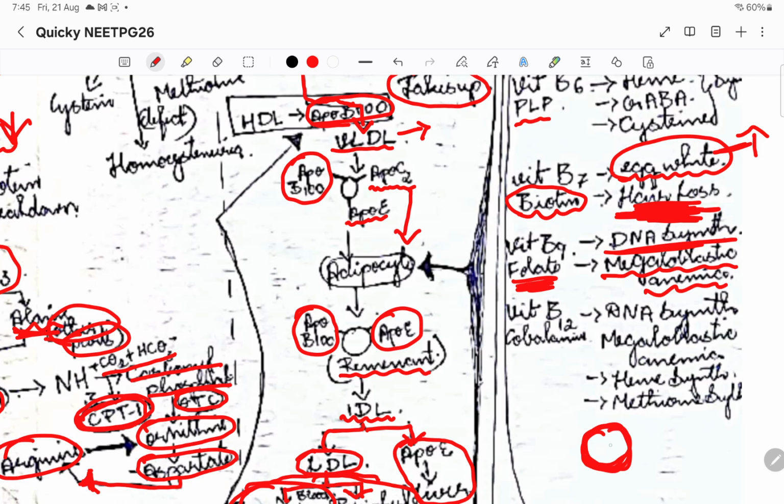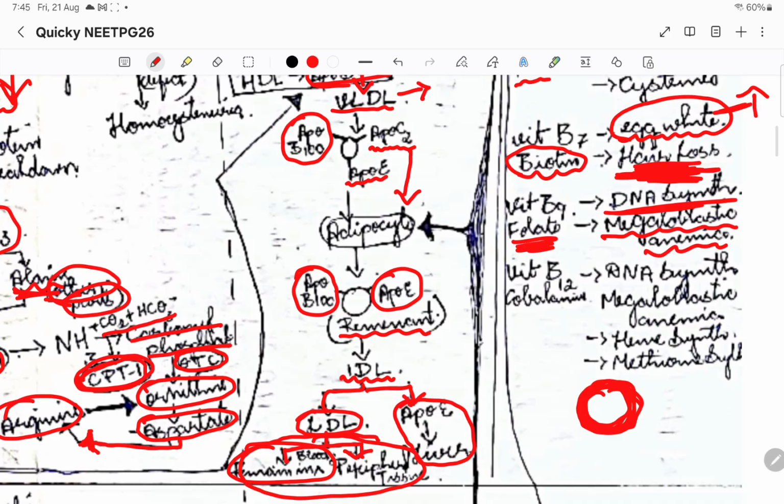When there is DNA synthesis issue, the RBC will form some random structure, right? So that is when the enlargement of the RBC can be seen. That is known as megaloblastic anemia, where we can detect that there is DNA synthesis issue. So that is where B9 is important.